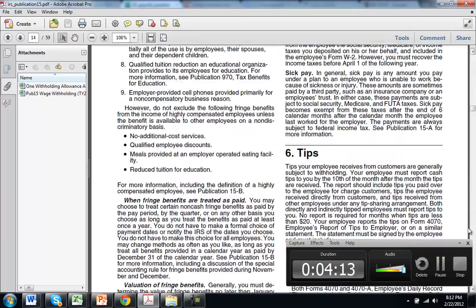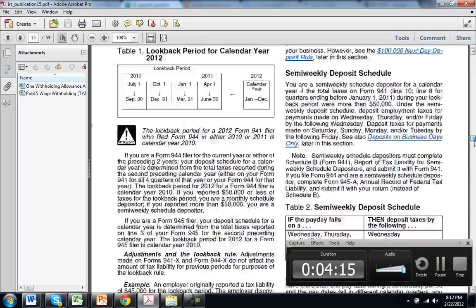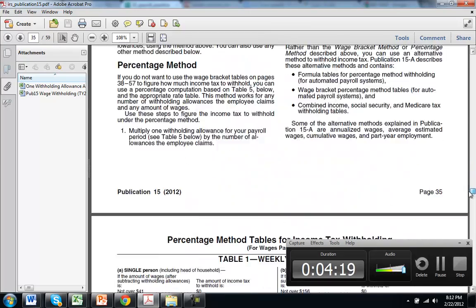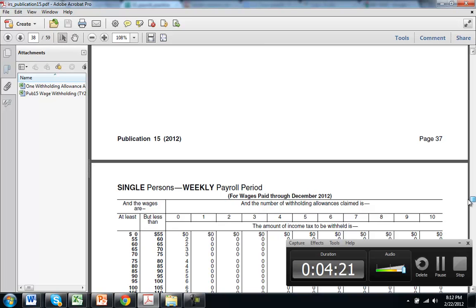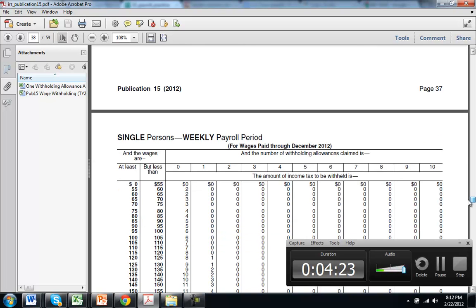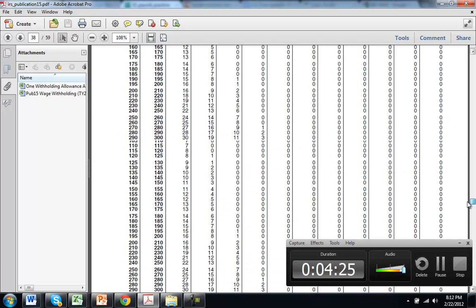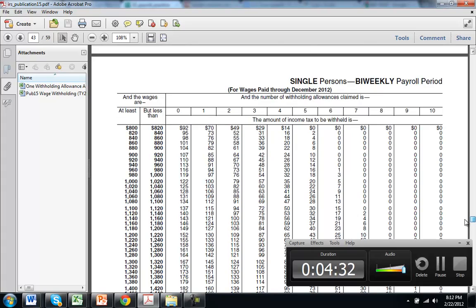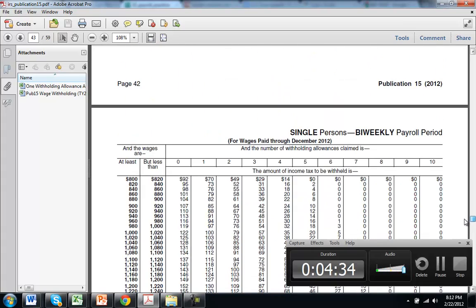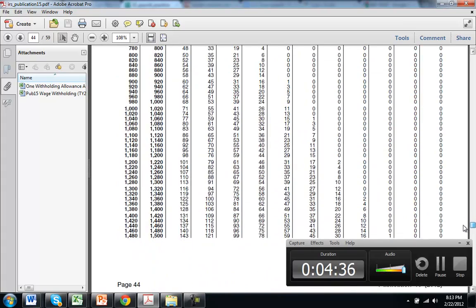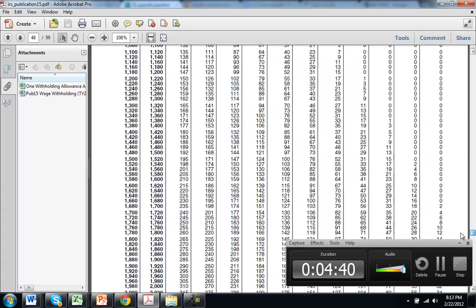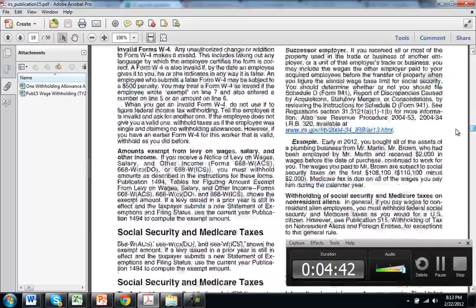We're going to scroll all the way down until we find our federal income tax withholding charts right here. Okay, so key things you got to look for. This chart is for single people paid weekly. Well, if we scroll down further, we have charts for married people paid weekly. Then if we scroll down further, we have single people bi-weekly, married people bi-weekly, single people semi-monthly, married people semi-monthly. So we need to find single weekly.